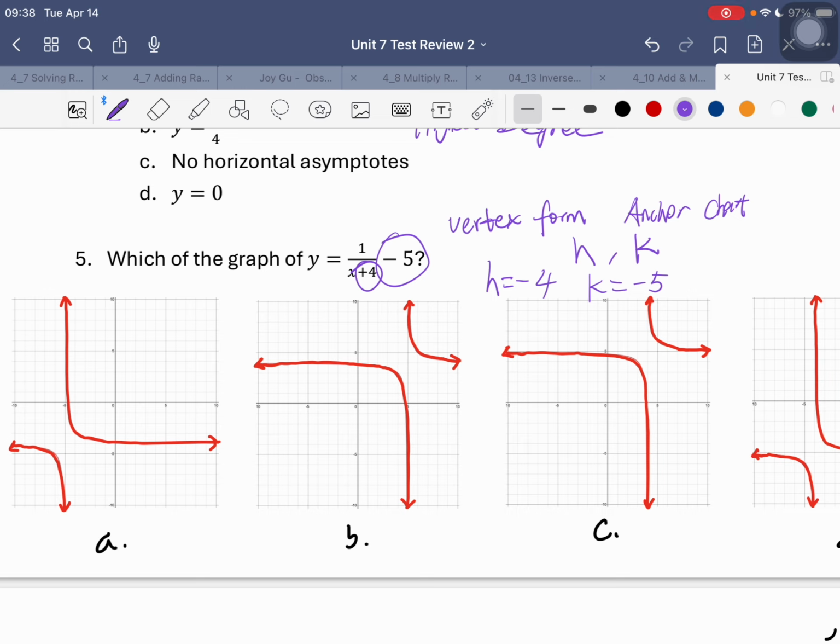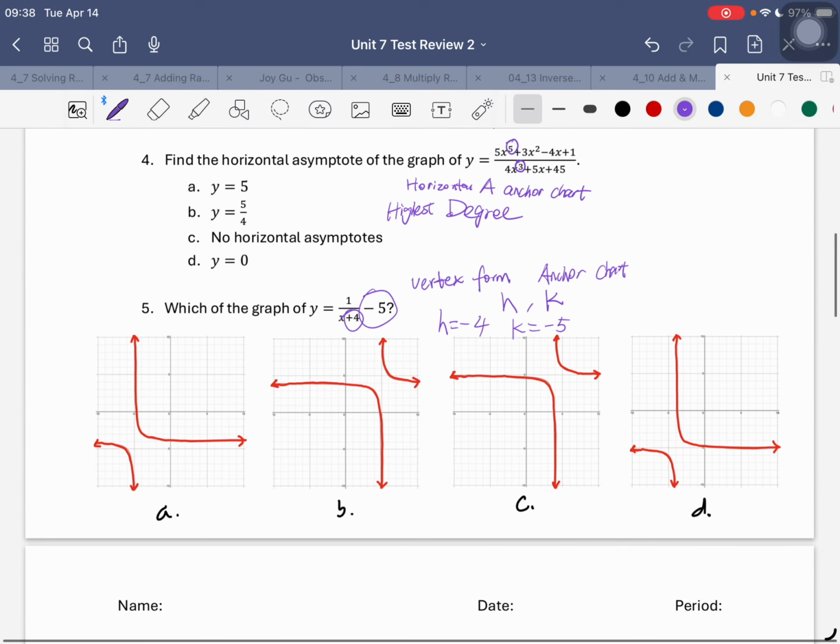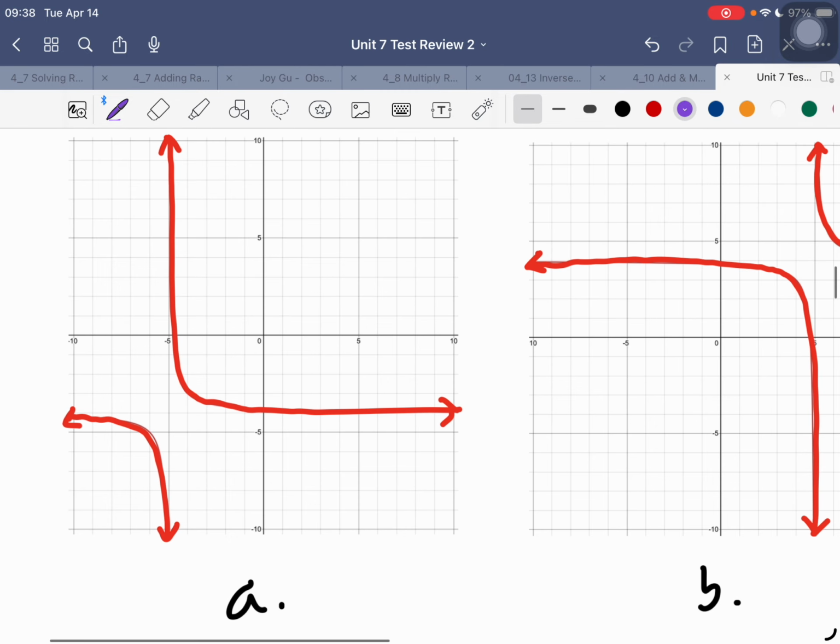That means the middle point where the two graphs don't touch. The middle point where the two graphs don't touch will be -4, -5. Let's see. This middle point should be negative.